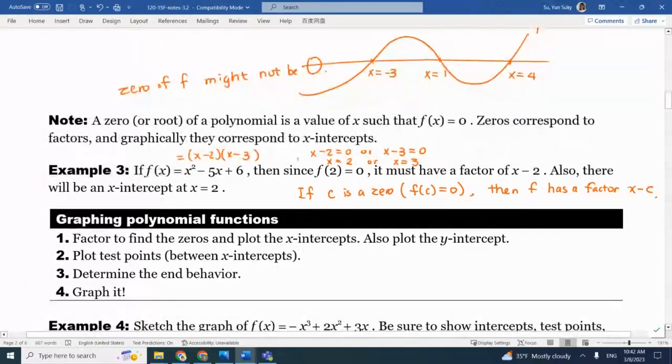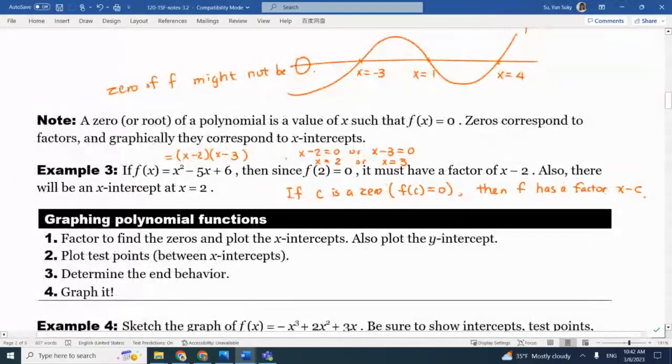Okay. Now, graphing polynomial functions. So first step, we factor the polynomial completely to find the zeros, and then we can plot the x-intercepts. Also, plot the y-intercept. The y-intercept is where you plug in f of 0. And when you find the zeros, you're solving f of x equals 0, and you find the x.